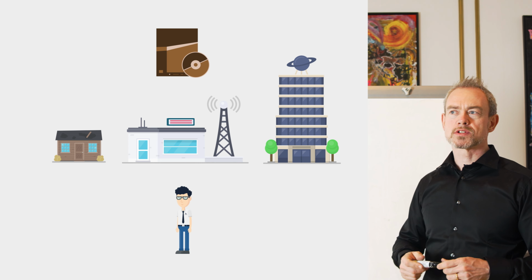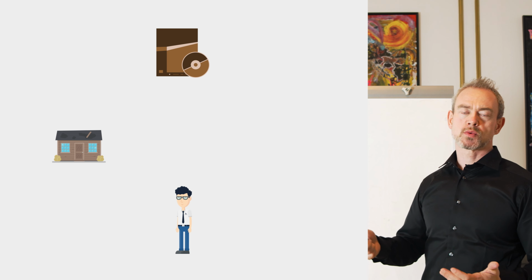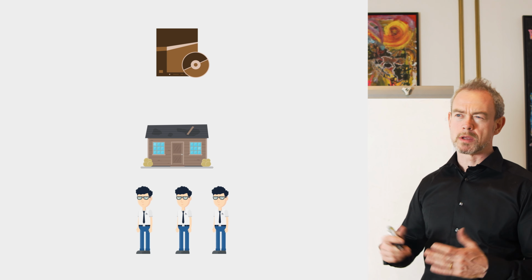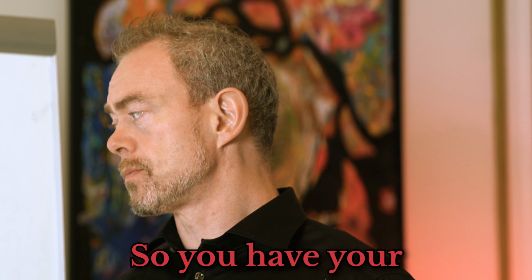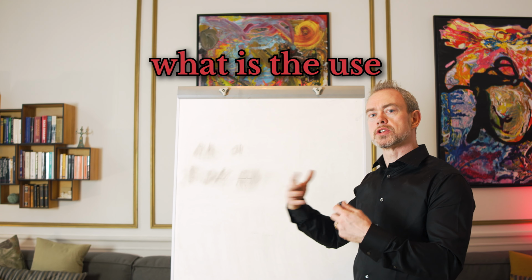Or maybe for the type of software I have, that doesn't really make sense, so we need a small agency to buy this, so a minimum of 3 users or 5 users, whatever it is. So you have your business case from the customer side, the use case.